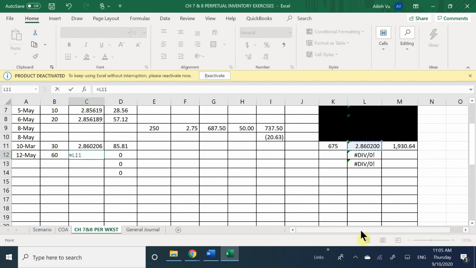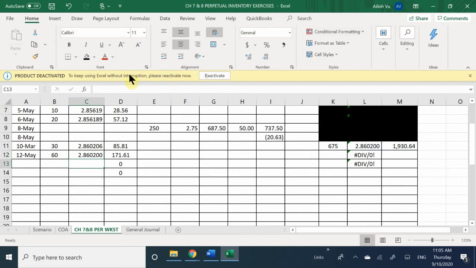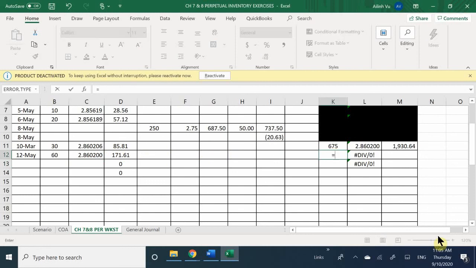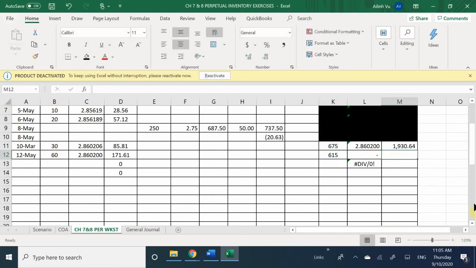So what is going to be the total cost of those 60 mugs? 171.61. Good. Now I'm going to go ahead and transfer that information. So what is my new inventory now? 615.